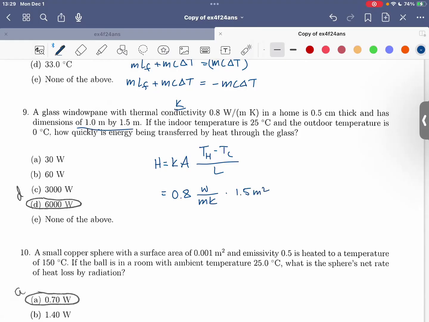So dimensions 1 meter by 1.5 meters. And then times TH minus TC. So 25 degrees Celsius minus 0 degrees Celsius over L, 0.5 centimeters. Make sure you convert this to meters. So 0.5 times 10 to the negative 2 meters. And when you multiply everything out, that should give you the correct answer.